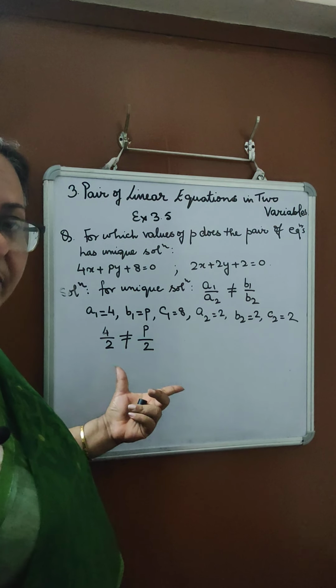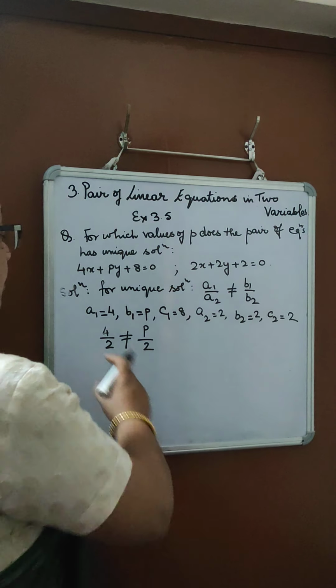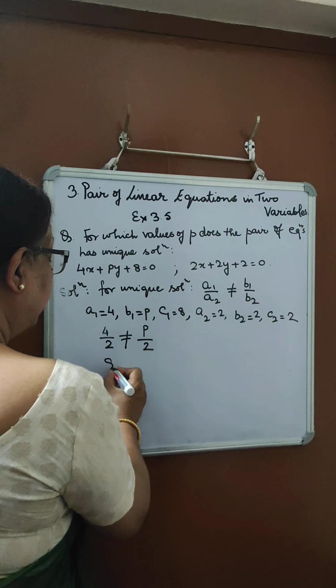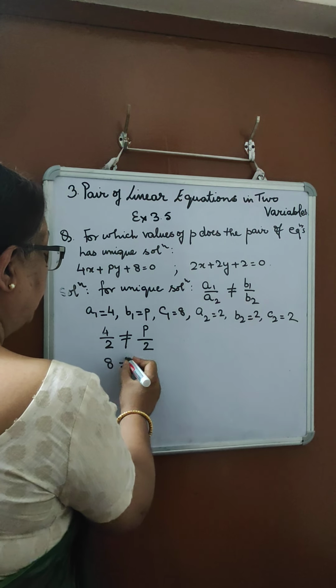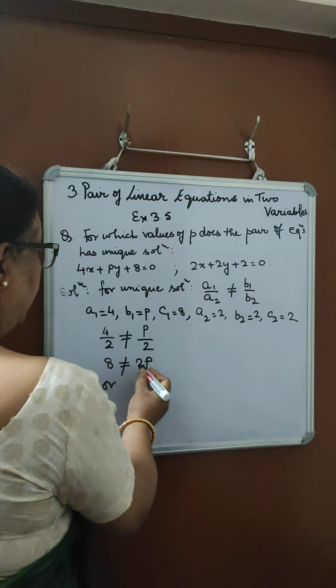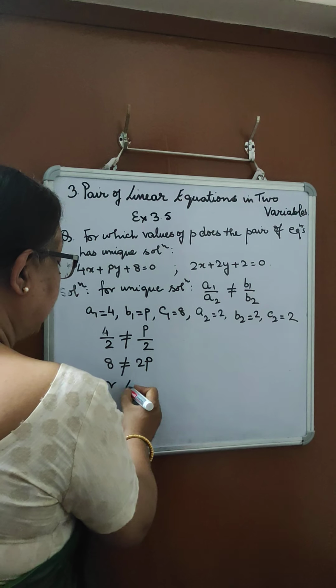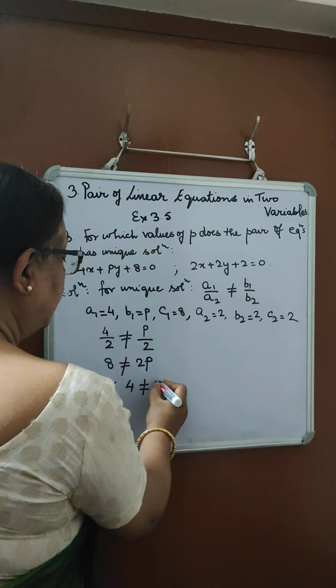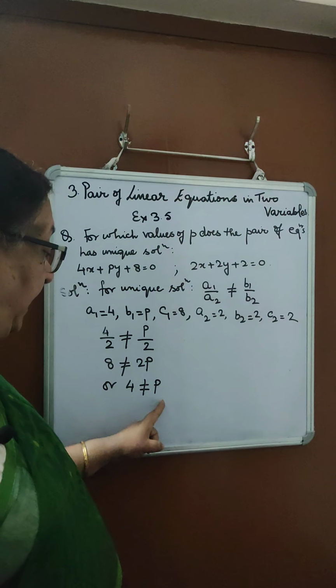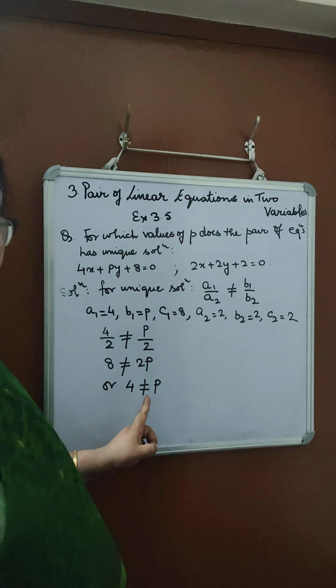Now we will just simplify it. So again, what do we do? Cross multiply. 4 into 2, 8 not equal to 2p, or we can cancel out 2 from both the sides. 4 not equal to p. So we get the value of p, but p not equal to 4.